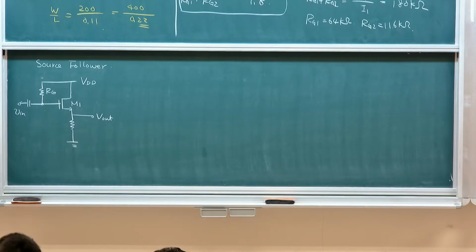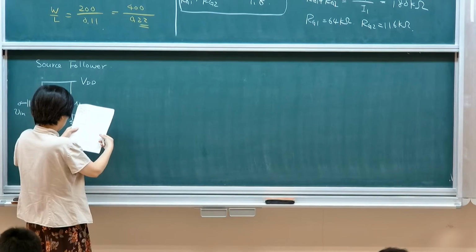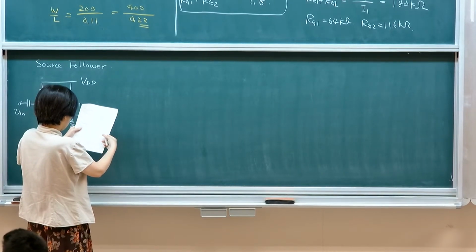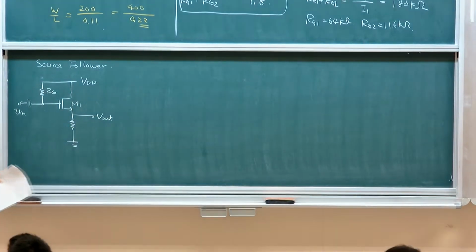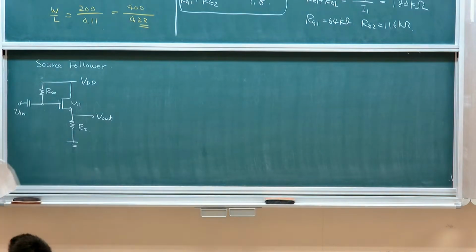Let's say I want to set... okay. So the design problem is, we're going to consider two cases. One is that you include body effect, the other is exclude body effect. And we're going to see how much discrepancy there is in your design solution.